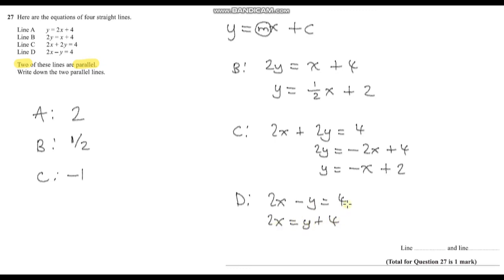Now if we subtract 4 from both sides, we get 2x minus 4 is equal to y, or we could just say y equals 2x minus 4. So now we can see our gradient is 2. So for D, our gradient is 2. And hey presto, we have two that are the same. So the parallel lines are A and D.